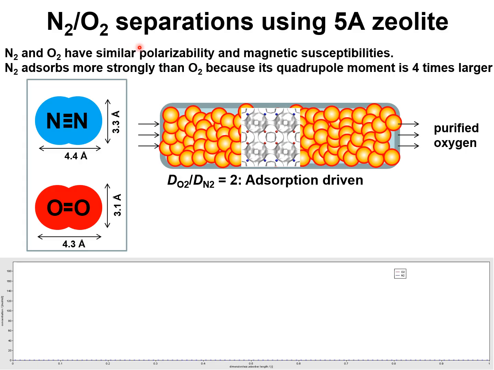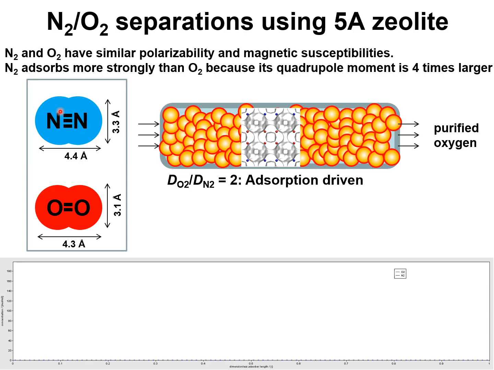Consider nitrogen-oxygen separations using LTA5A zeolite. We take a fixed bed adsorber and pack it with 5A zeolite. The 5A zeolite contains 32 sodium cations and 32 calcium cations, and the window regions are devoid of any cations.